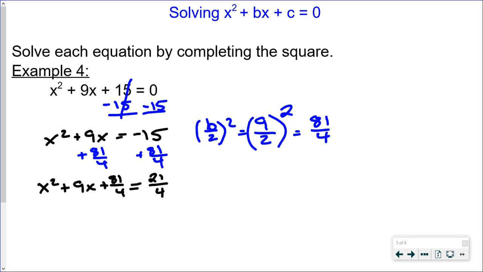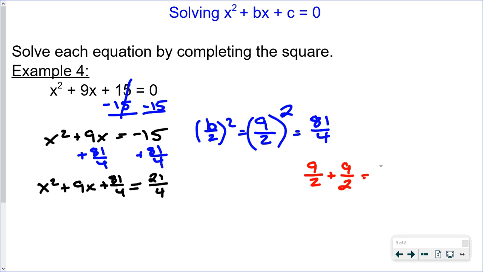All right, so let's factor this side, which you might think, man, that looks really confusing. Well, you're looking for 2 numbers that multiply to 81 fourths. Well, we actually did that right here, right? It's 9 halves. Now, if you take 9 halves plus 9 halves, when you multiply them, you get 81 fourths.